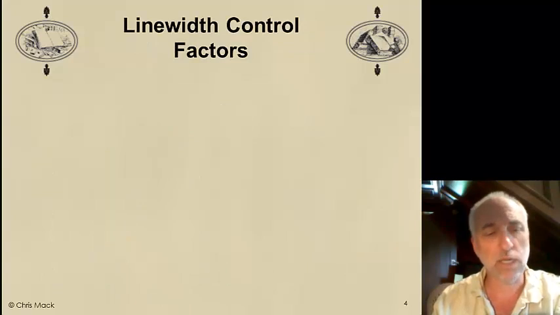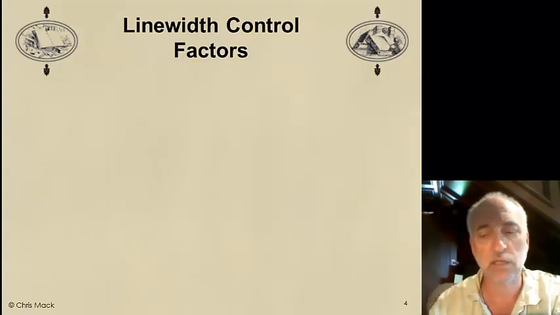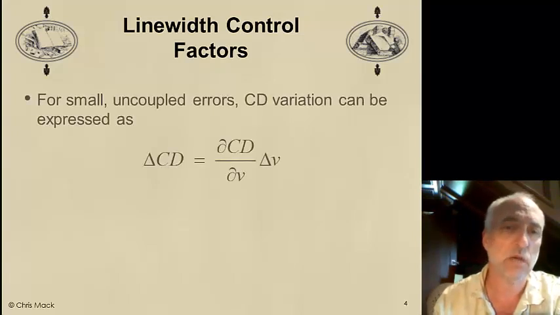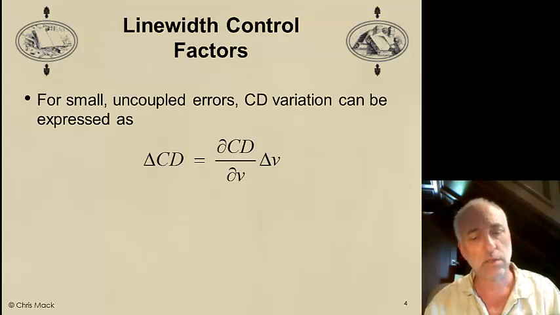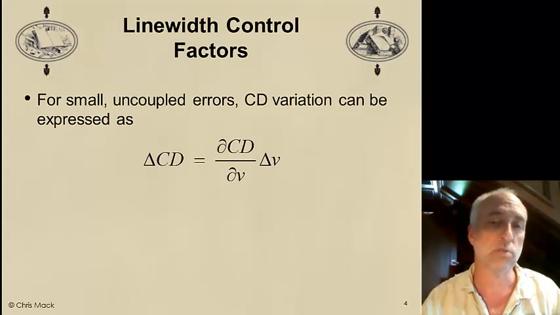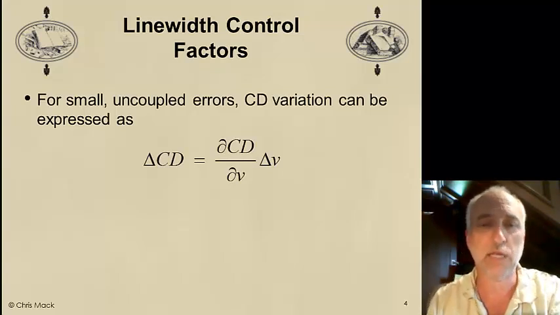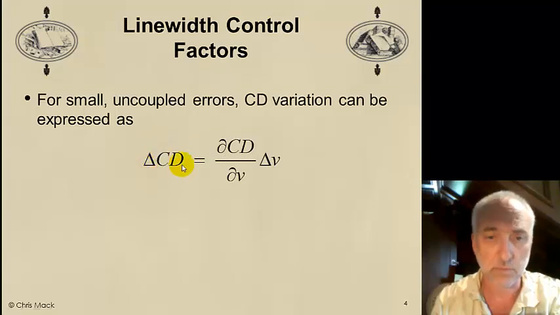So let's look at what it takes to control the feature size in a lithographic process. First, it's very, very useful to think about errors in this total differential. You might recall from calculus what the total differential is. We say some delta variable, excuse me, delta CD is here.